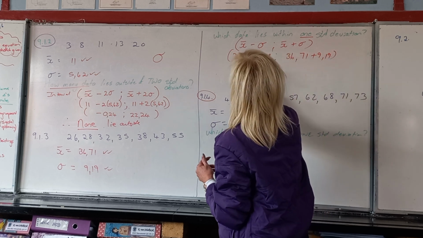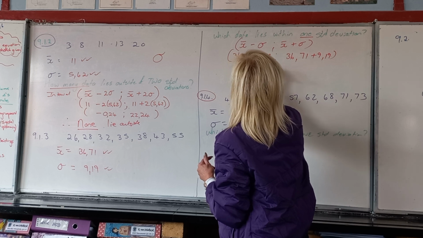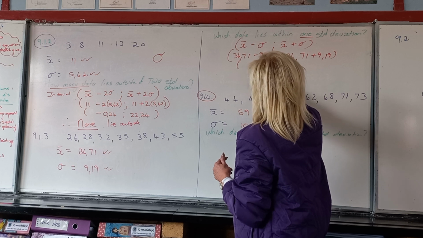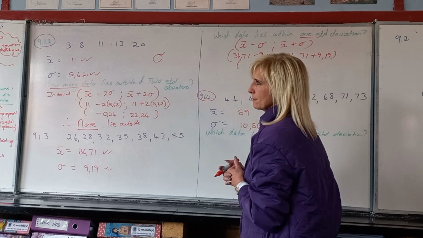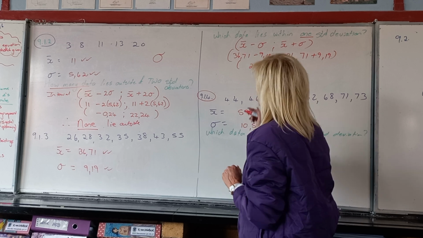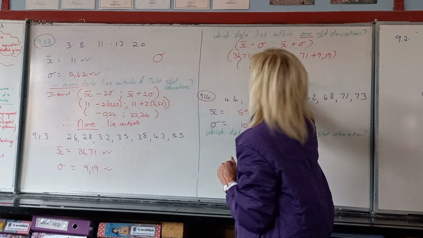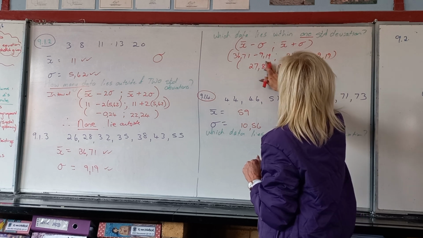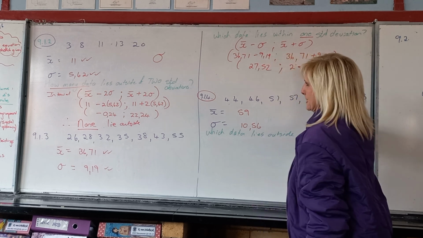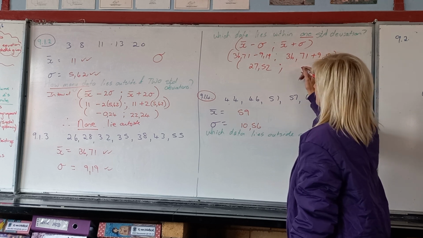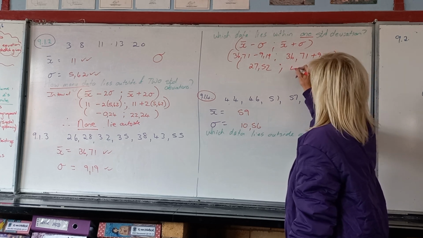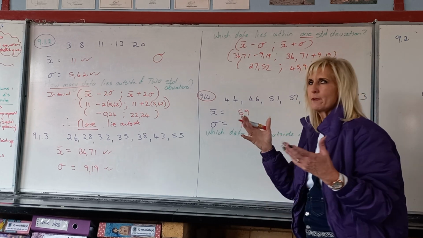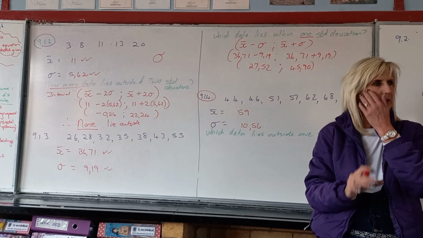Please clearly give me your answer. 27,52. Then the other end, 45,90. Alright, remember if we round off to 2 decimals, let's be finicky about it.